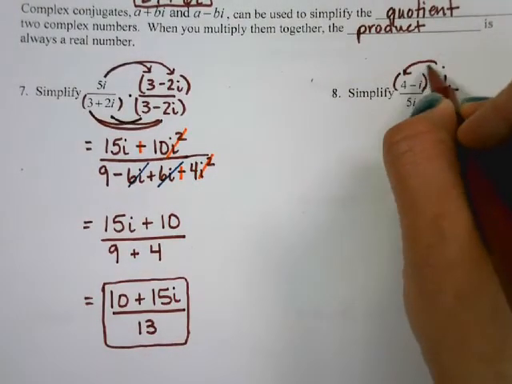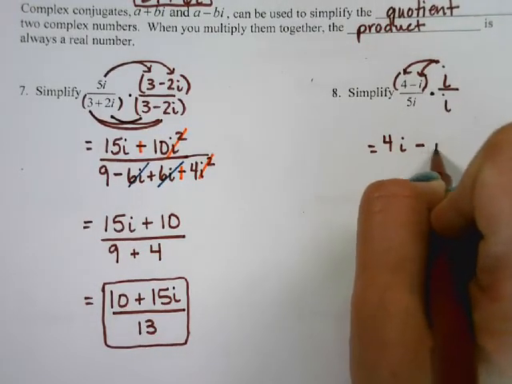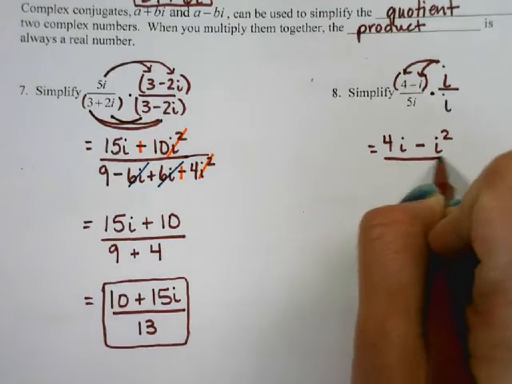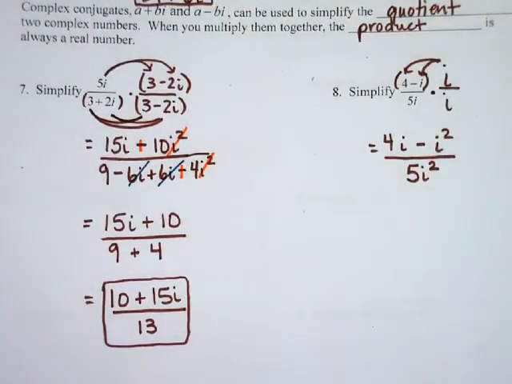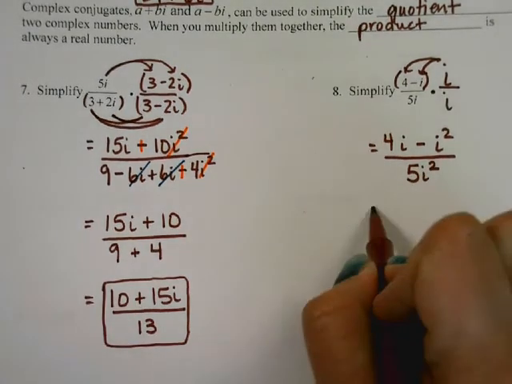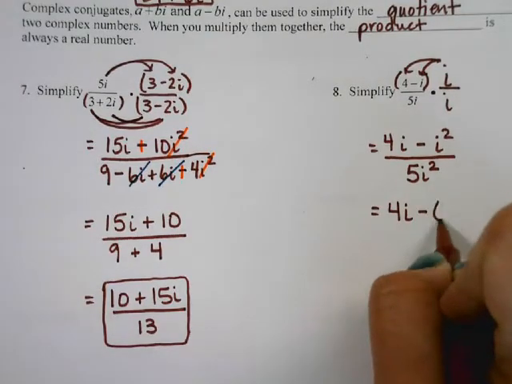And then I'm going to distribute. So I get 4i minus i squared divided by 5i squared. Fix our i squareds because I can't leave an i squared in my answer.